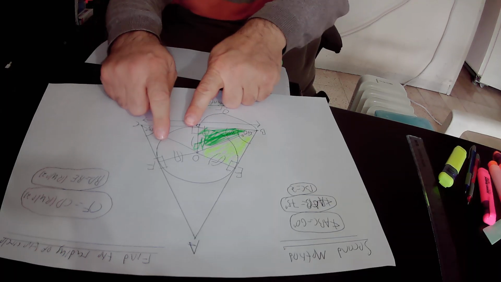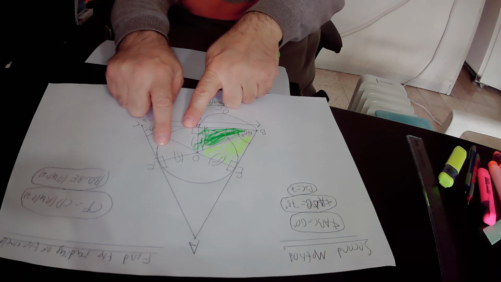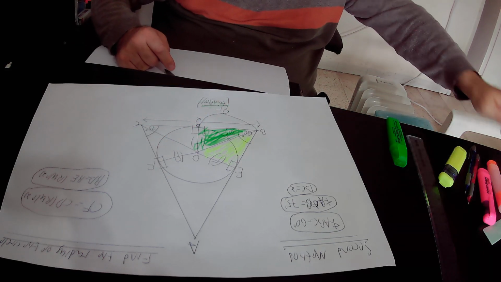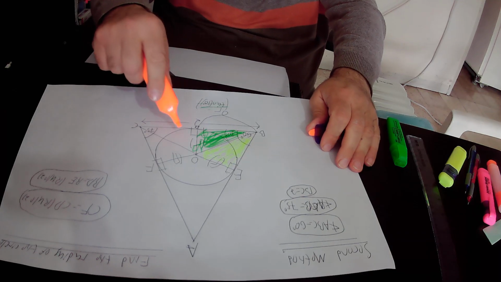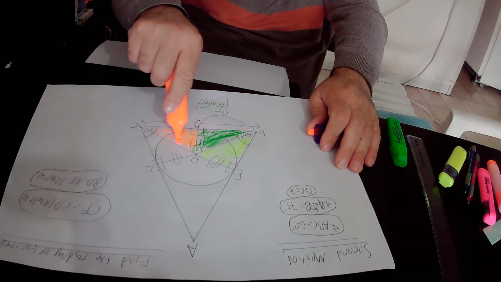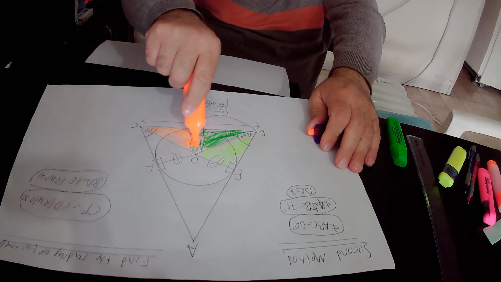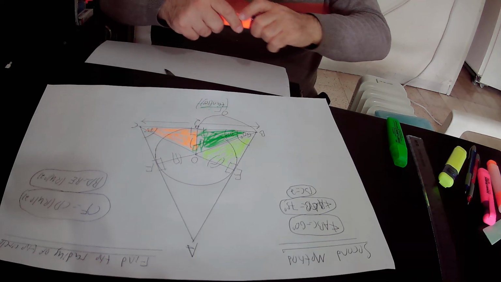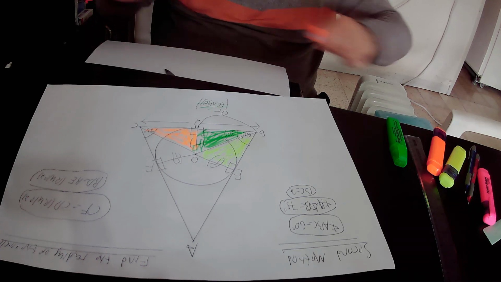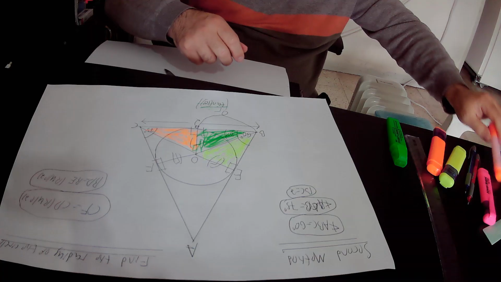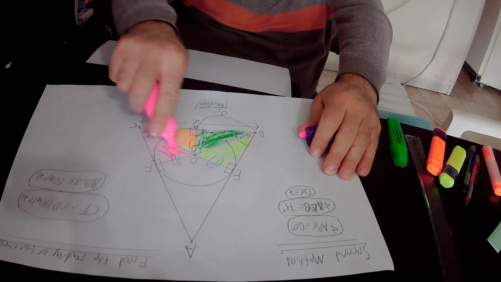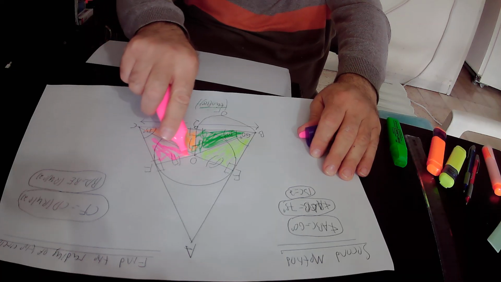We prove that those two right triangles also can go into each other according to side rule. Okay, so we can prove that the orange triangle ODC is congruent to the pink triangle OFC. This is the pink triangle OFC.